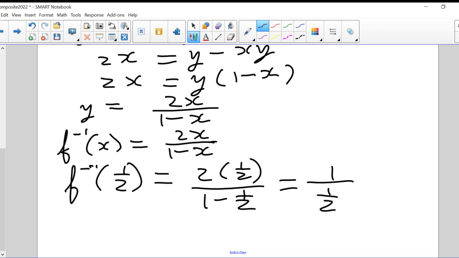What's 1 divided by a half? Anybody know? It is 2, because it's really multiplying by the reciprocal. It's equal to 1 times 2 over 1, which is in fact 2. So is it a coincidence that this really worked? No, it is not a coincidence at all.